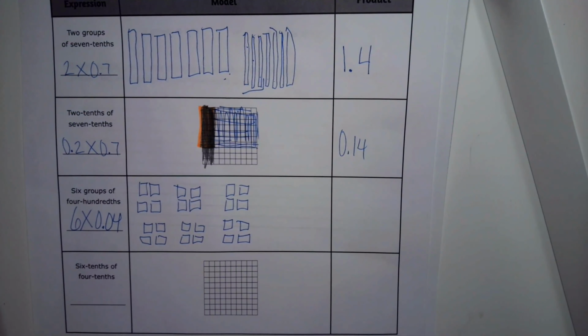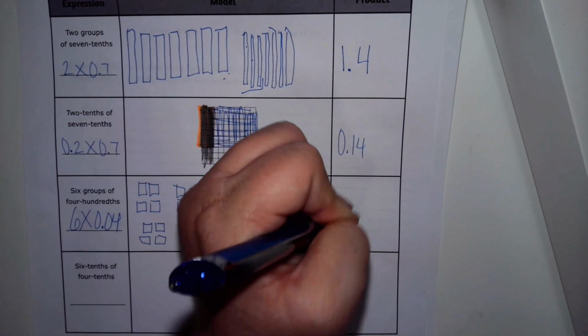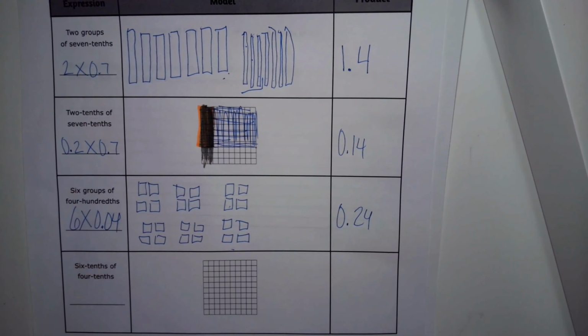There you go, there's my 6 groups of 4 hundredths. And I can count 4, 8, 12, 16, 20, 24 hundredths is my product.